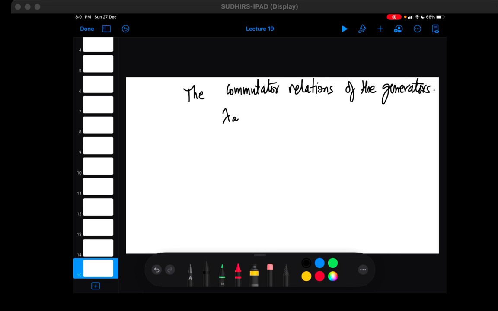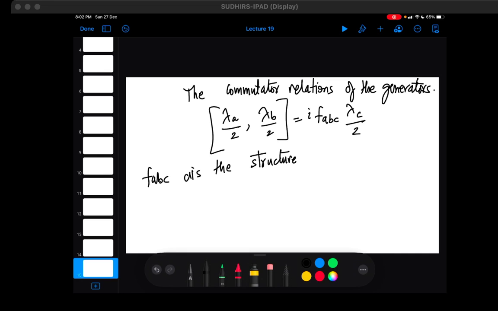They are given by the commutator of lambda A by 2 and lambda B by 2 is equal to i f ABC lambda C by 2, where f ABC are the structure constants of SU3.